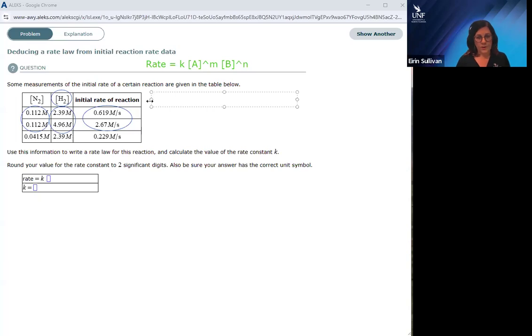So what you can do is use the ratio method, where you take the ratio between the rate of reaction for experiment 1 and 2 in this case, so rate 1 over rate 2, and that is going to be equal to the same ratio between concentrations of, in this case, hydrogen, raised to the power of whatever the order of reaction with respect to hydrogen is.